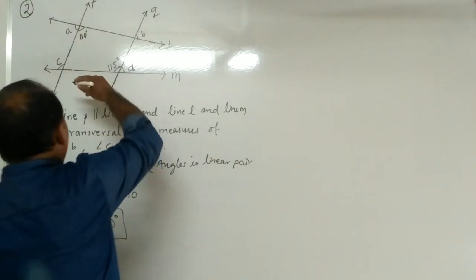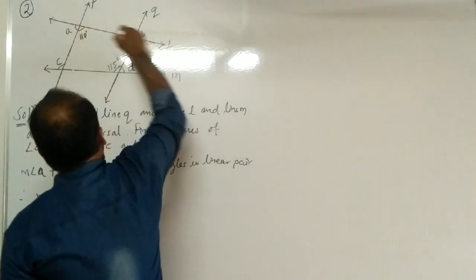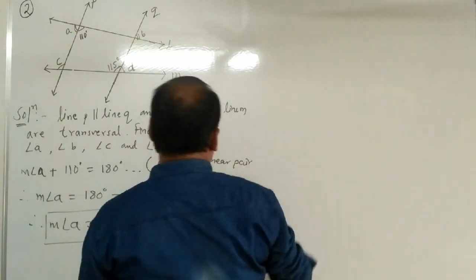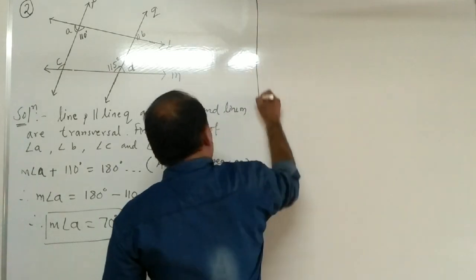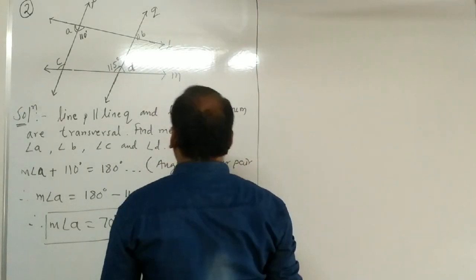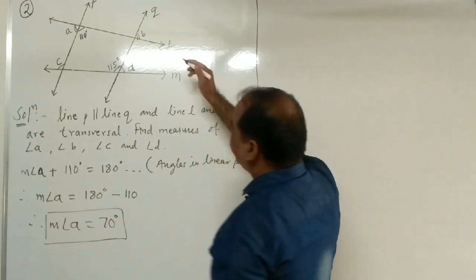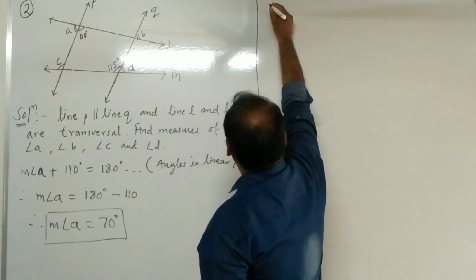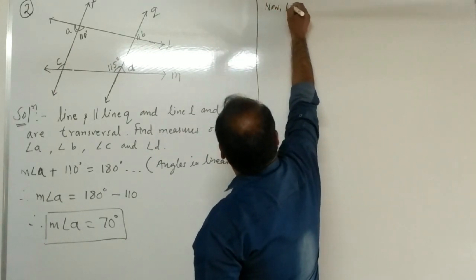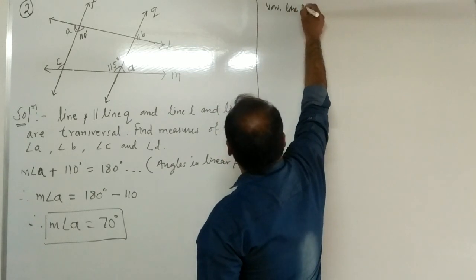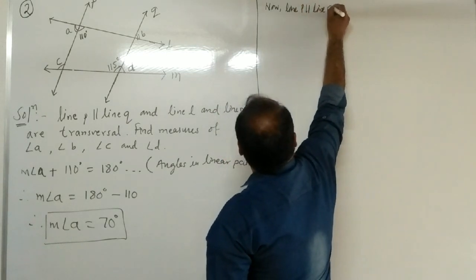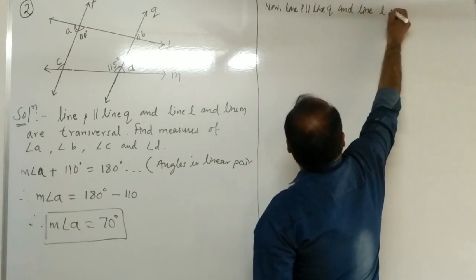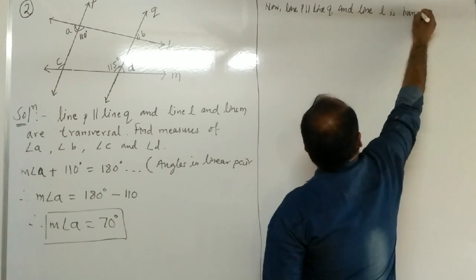Now, line P is parallel to Q and line L is the transversal. So angle A is congruent to angle B by exterior alternate angles. These are two exterior alternate angles. Now, line P is parallel to line Q and line N is the transversal.